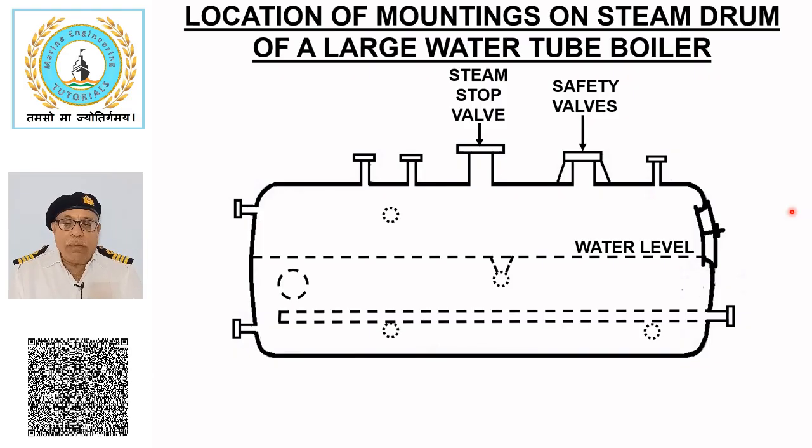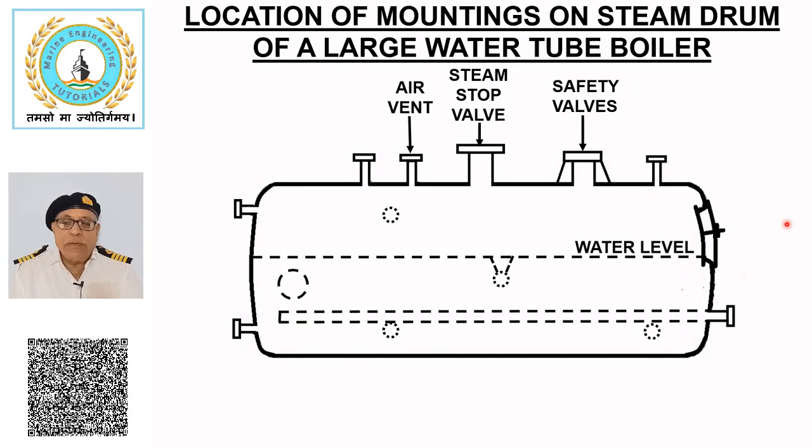The steam stop valve is usually a screw-down monotone valve with a rising spindle, which indicates whether the valve is open or closed. Air vent. Air vent is mounted at the highest point on the steam and water drum.